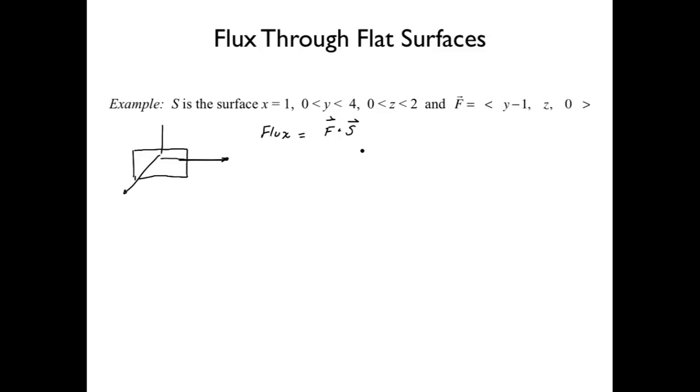Not only direction, but this vector field is a changing vector field. The vector field I gave you with the pipe was a constant vector field, which made this calculation very easy. As soon as I move from point to point on this surface, I've got a different vector in my vector field. So how are we going to be able to solve this?